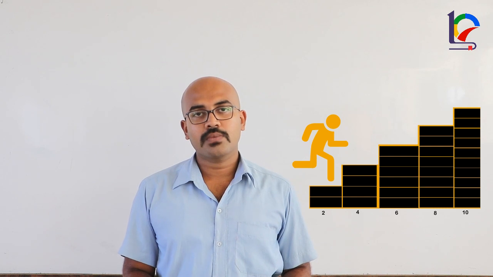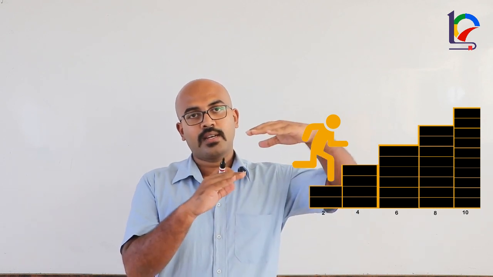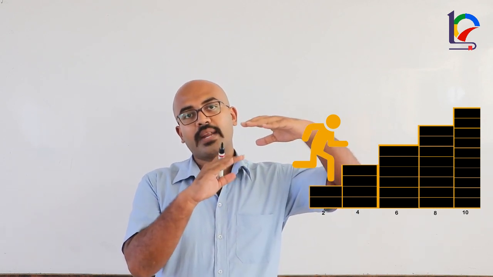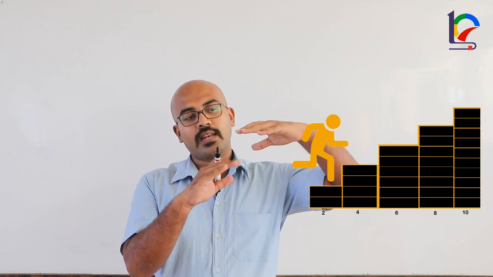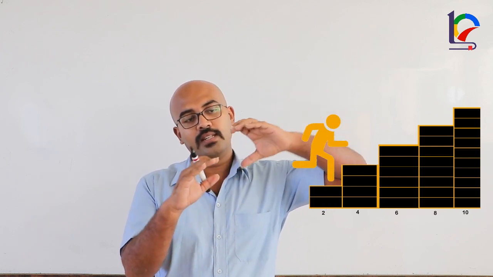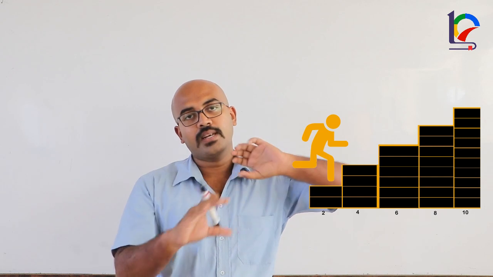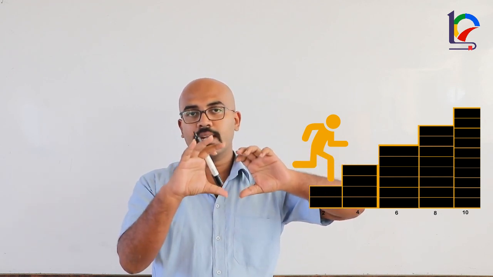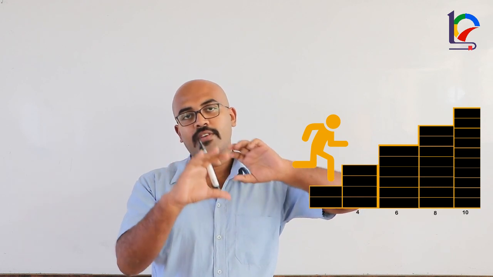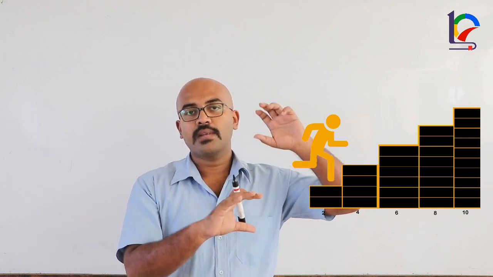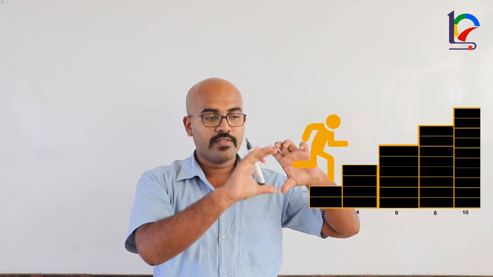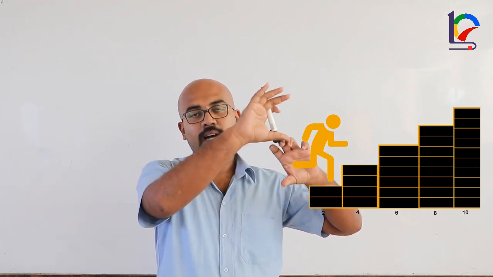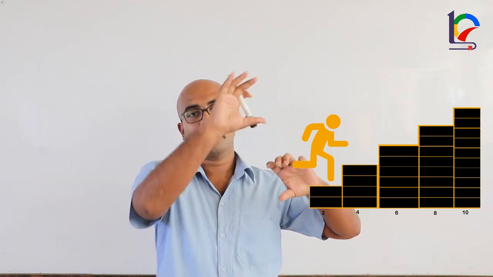Let us assume that in the first step there are 2 bricks. Similarly, the height of the second step is the same as that of the first. If the height of the first step is 50 centimeter, the second step will be another 50 centimeter, so it will be 1 meter.